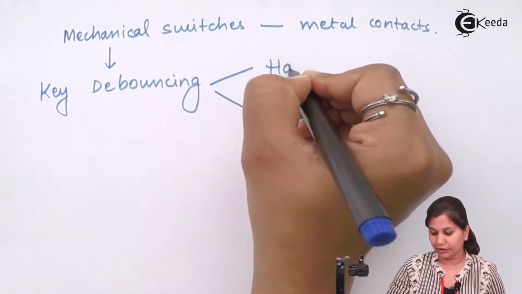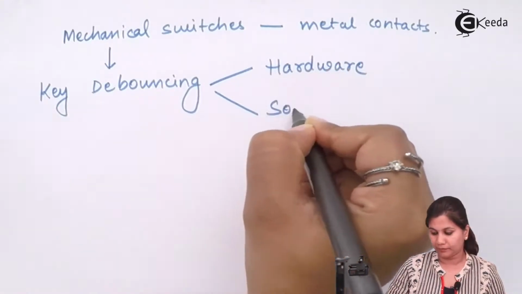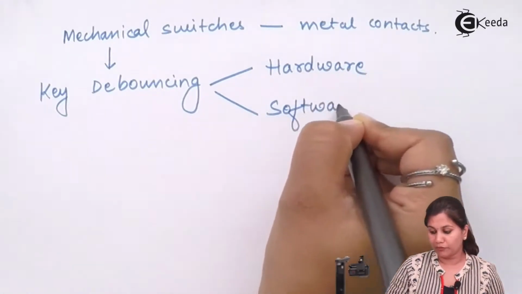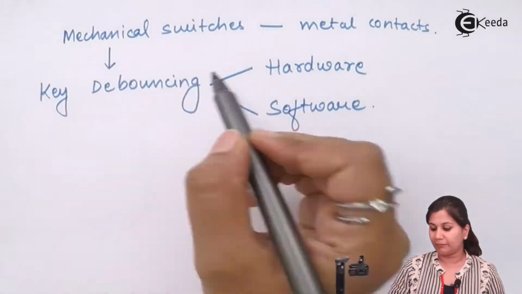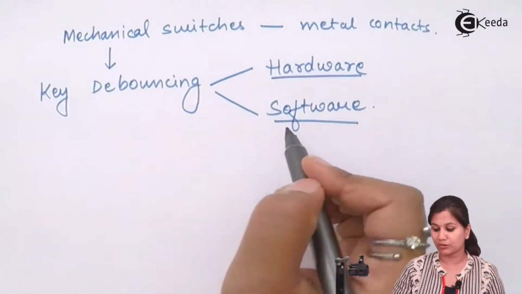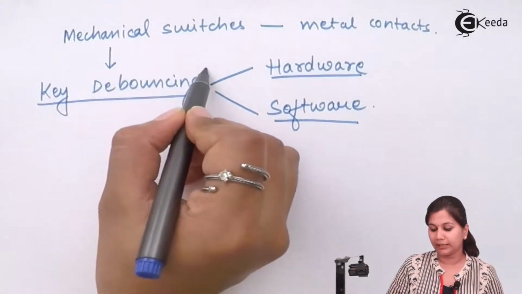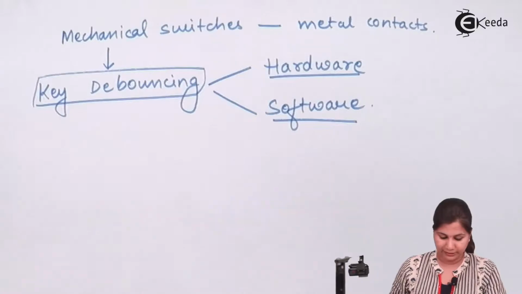One is the hardware and other is the software. That is how the problem of this metal contact bouncing again and again can be removed. It can be removed by hardware also and by software also, and this process of removing this is called the key debouncing.